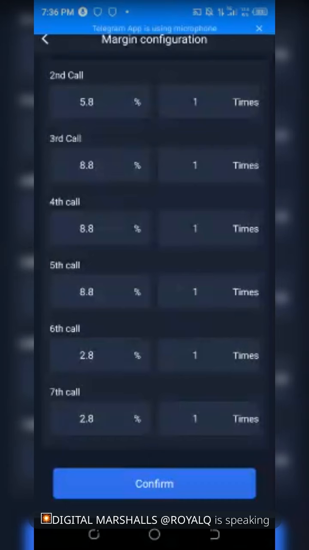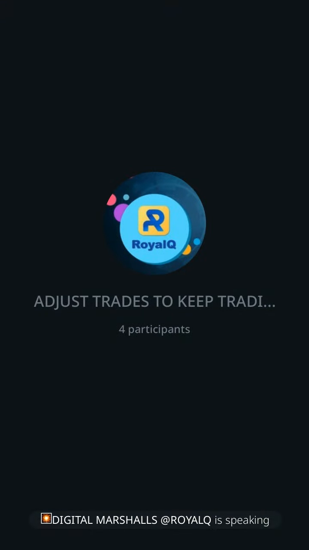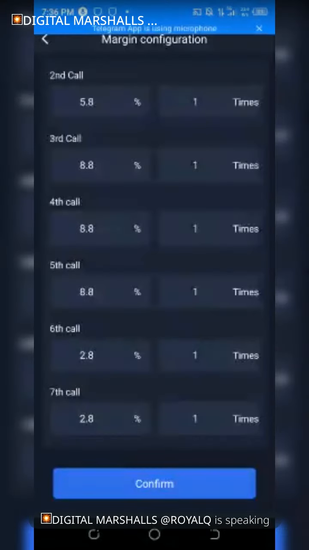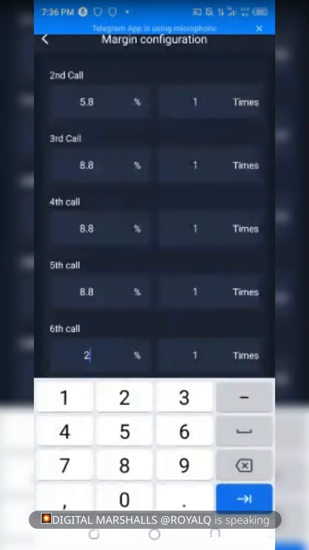So this is nice capital management. With this alone, you can relax and go about your daily duties for the next 2 months, 3 months, 4 months, 8 months, and even a year. The robot will consistently be making profit for you once it gets into the take profit. So you will edit the set call.